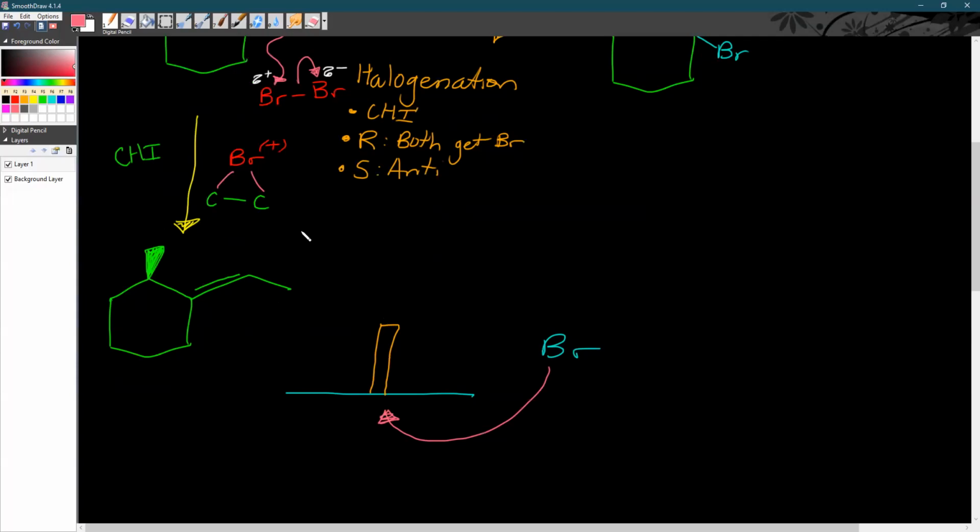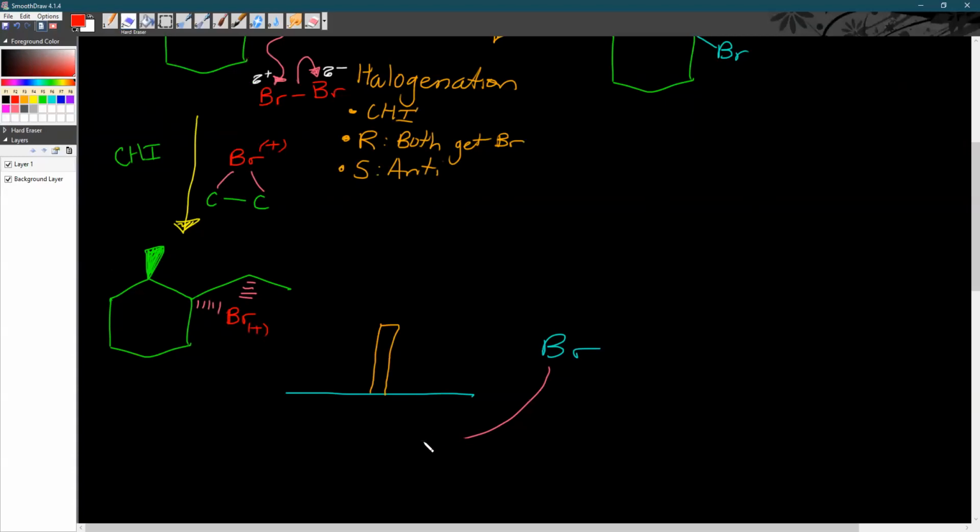And this is what we mean by a director, is that it's going to the opposite side of our stereochemistry because it is a less hindered side. And so we form that nice cyclic bromonium intermediate right on the bottom of the molecule, right on the opposite side. Okay.